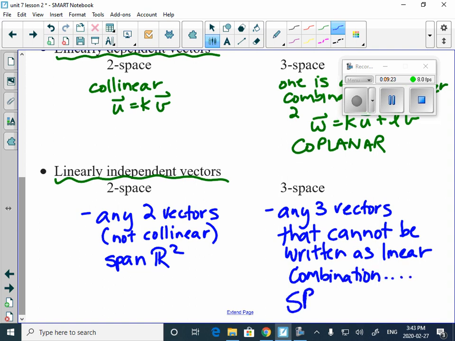They span all of R3. That means with those three vectors, if they are linearly independent, I can find any vector in 3-space with a linear combination of them.